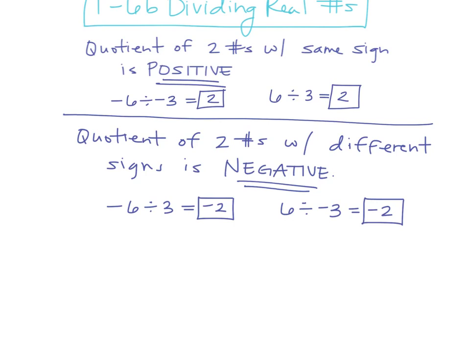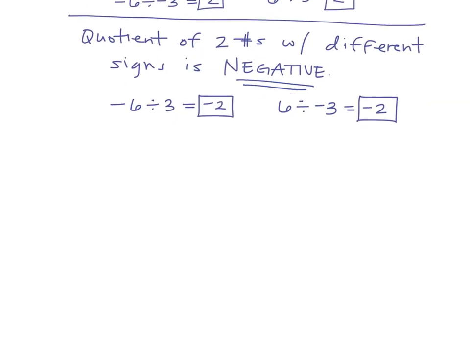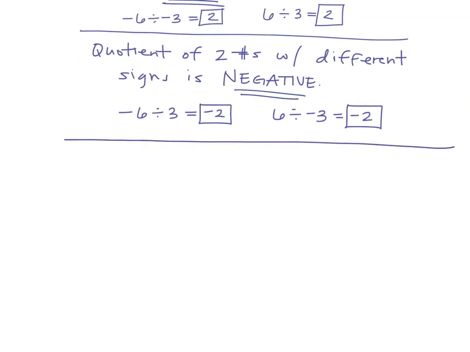And then we're going to talk a little bit about zeros real quick, because a lot of times zero can get confused. When we have the number 0, can you tell me the difference between saying 0 divided by 8 versus 8 divided by 0?